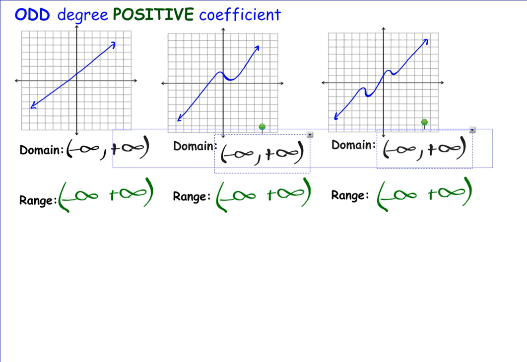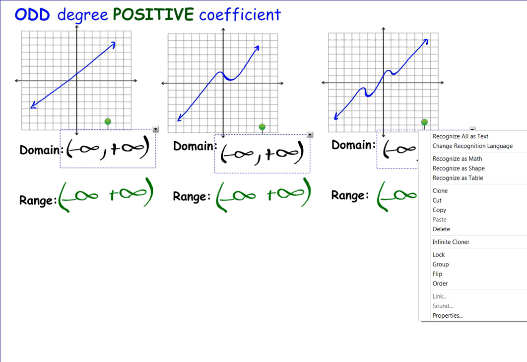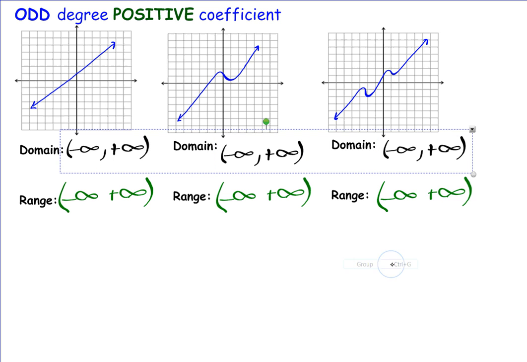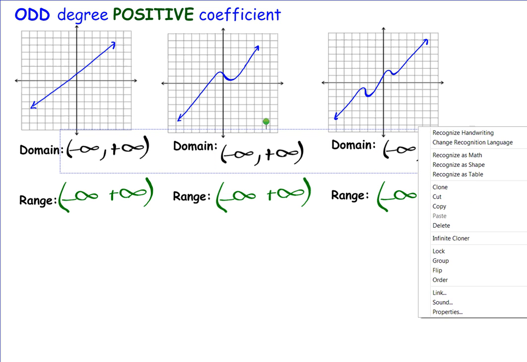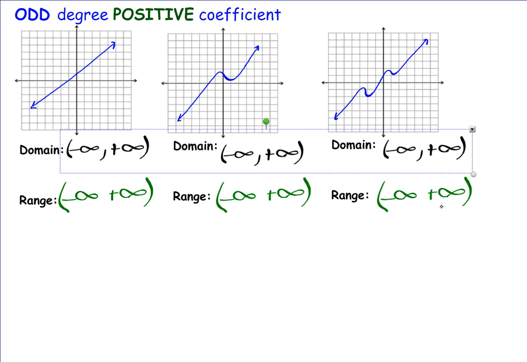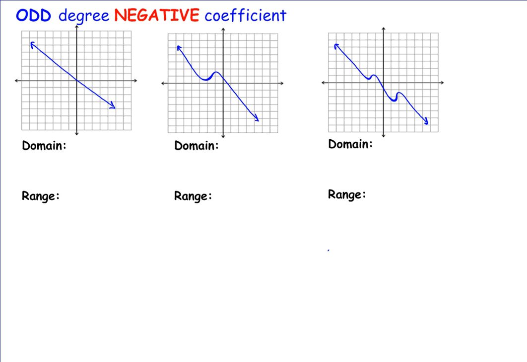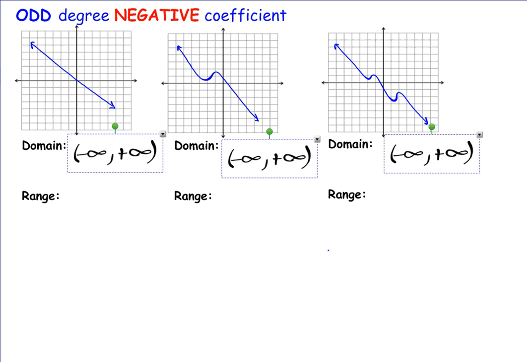Now, I'm going to group these. I'm going to copy it, because what did I say just a few minutes ago? No matter what, your domain is always going to be all real numbers. That was a whole lot easier doing it that way. Now my range changed. I'm going from high and moving to low.